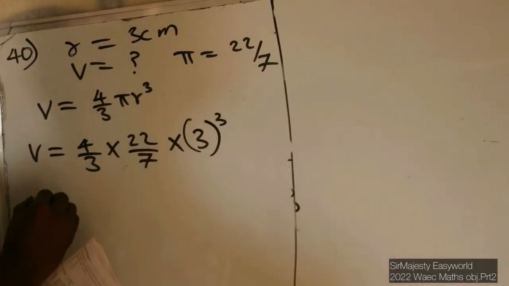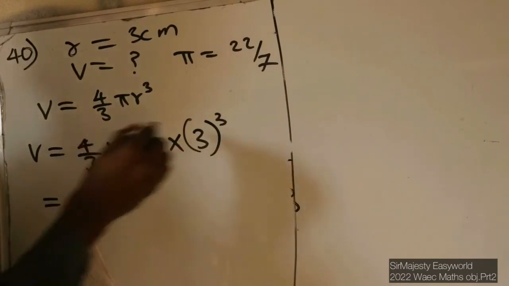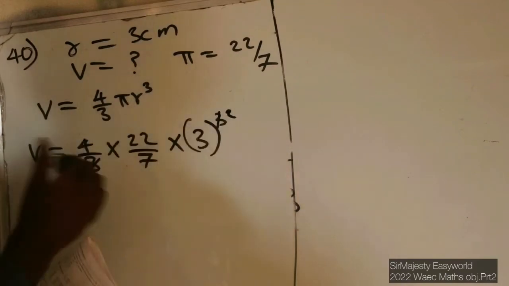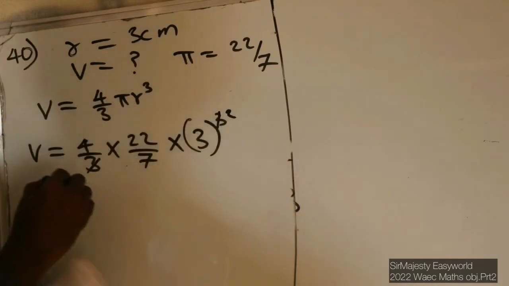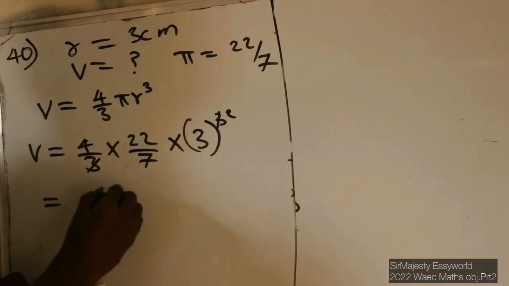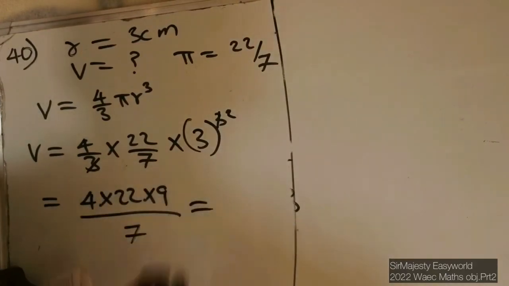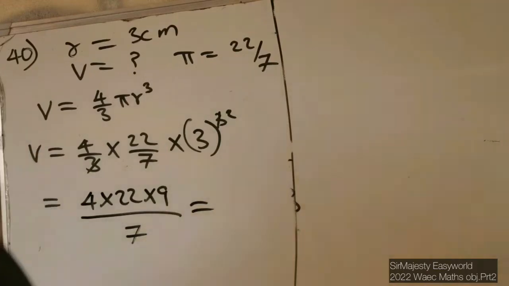Okay, so we do some simplifications here. This 3 is going to cancel one of these, and we're left with 2 here. So we have 3 squared here, which is 9. So all in all, we have 4 times 22 times 9, all over 7. So I'm going to use a calculator very quickly.